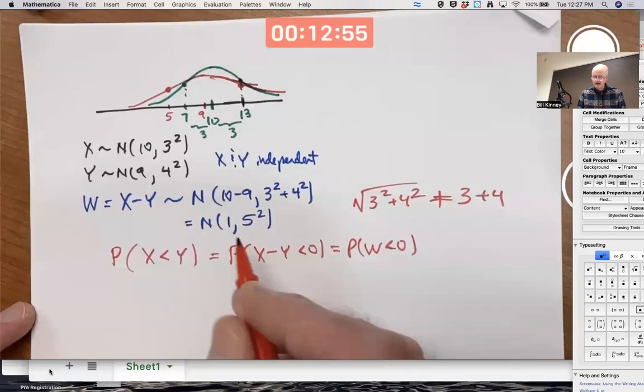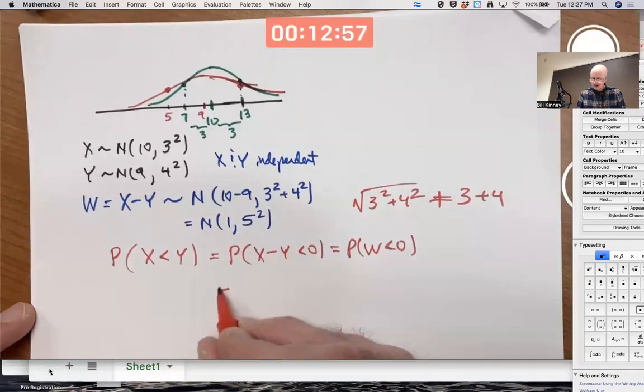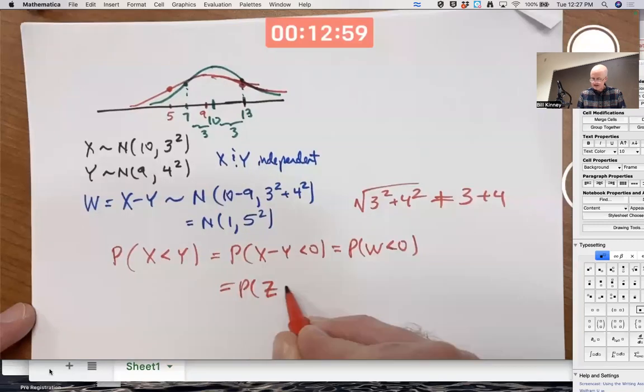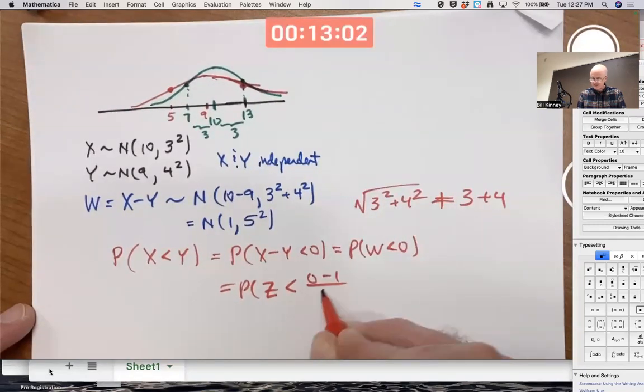W is normal with this mean and this variance. Standardize if you want to do it by hand. Subtract the mean, divide by the standard deviation.